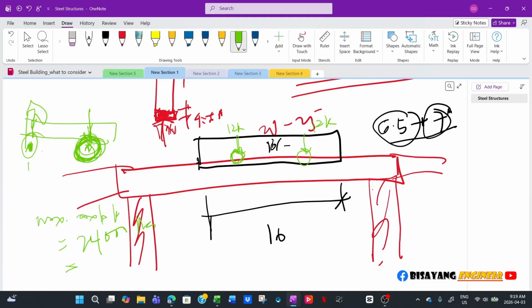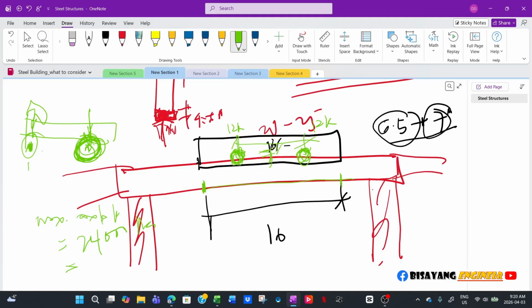And this one, because this is a moving load, I can't imagine doing this manually, so I use SAP to analyze it. I will assign a moving load from this joint up to here, and the spacing is the wheelbase, say 7 feet.